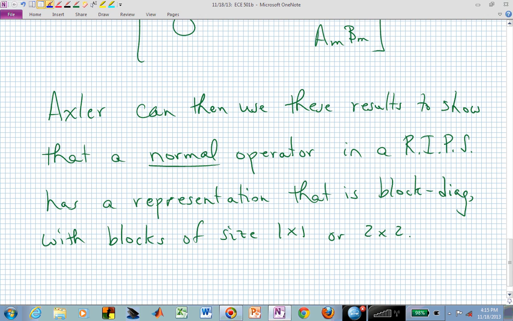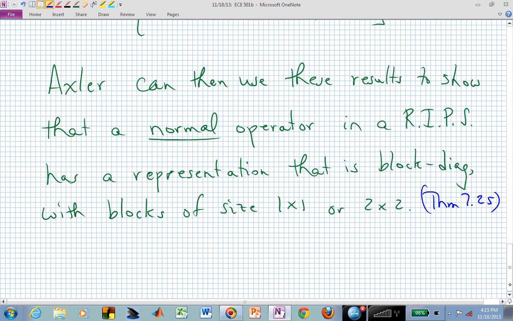And that's actually Theorem 7.25 in the textbook. So if you have a real inner product space and a normal operator on it, you can find a representation where it's block diagonal, where if they were 1 by 1 blocks, those would be the eigenvalues. If you have 2 by 2 blocks, those don't have eigenvalues, but those can be represented by 2 by 2 blocks.